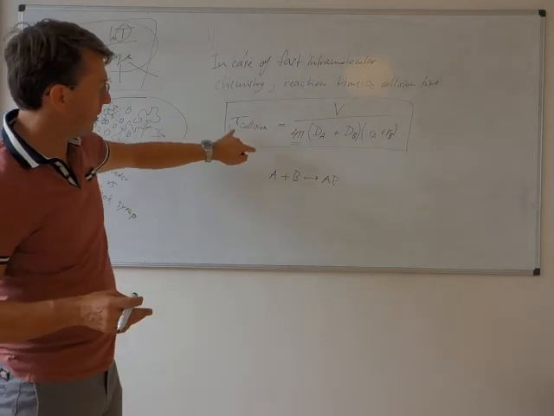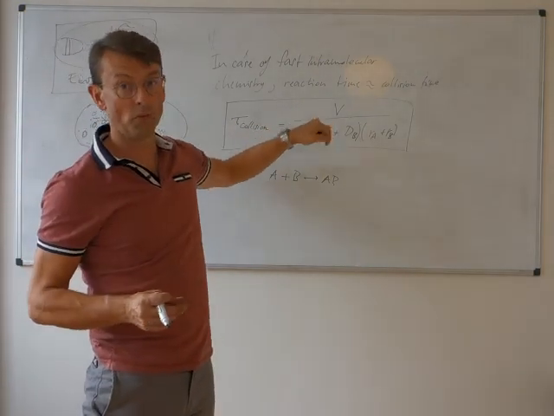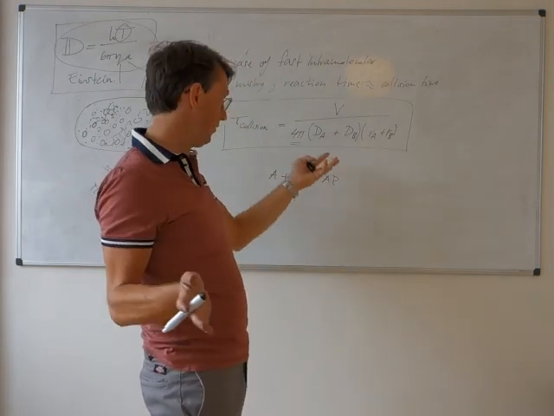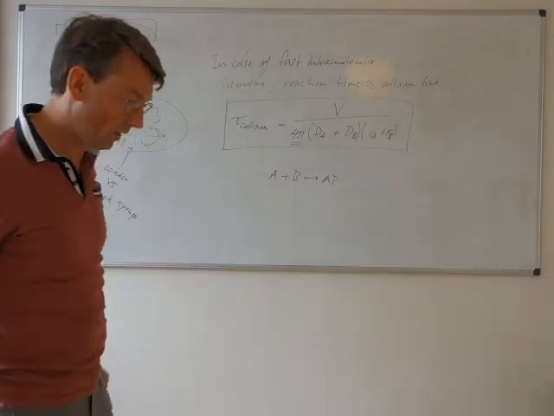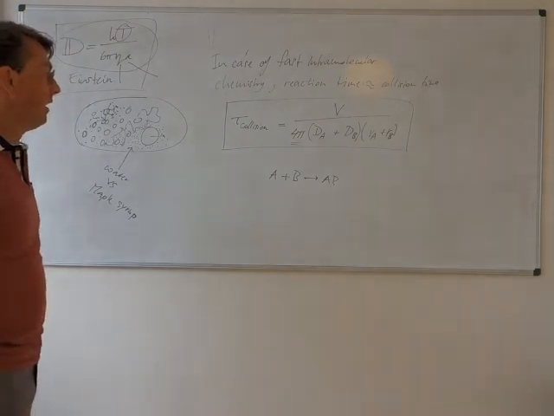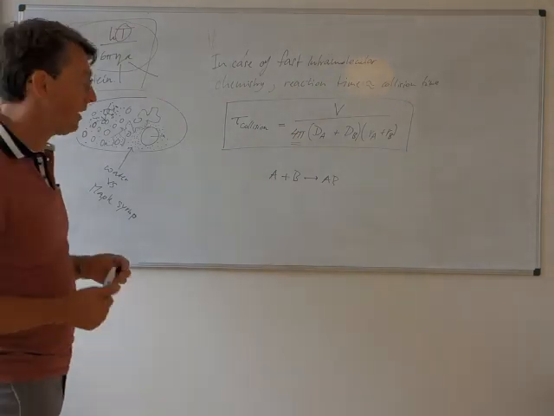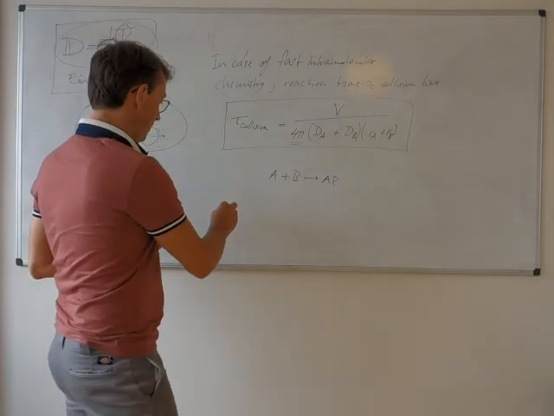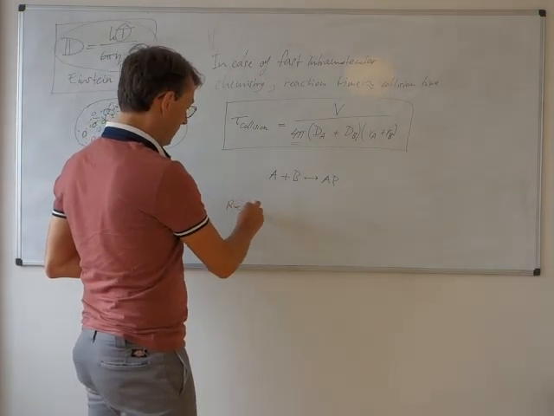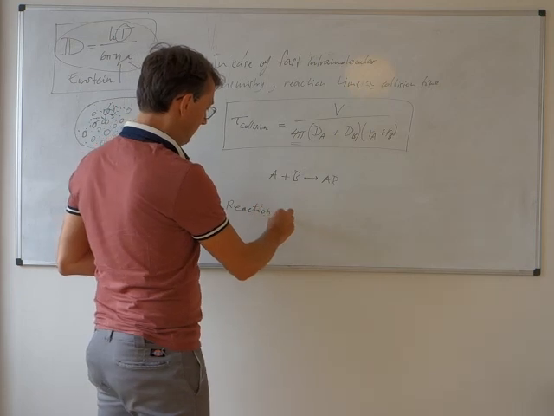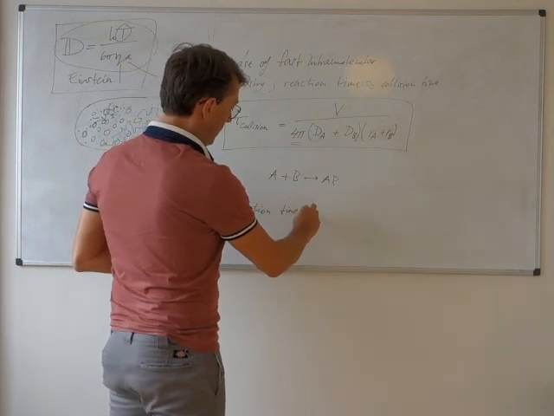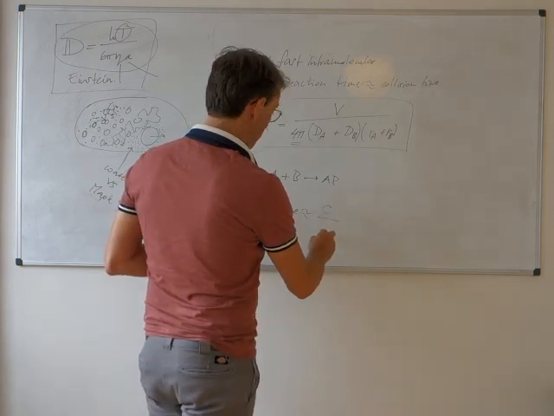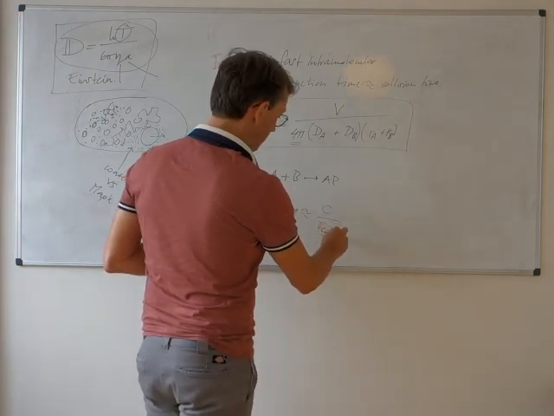And this collision time depends on the volume. If it's larger, it takes longer. If these molecules are bigger, it takes shorter. If these molecules move slower, then they also find each other at a later time, so the collision time is larger. Okay, so the reaction rate can be approximated by some constant perhaps, divided by this collision time.